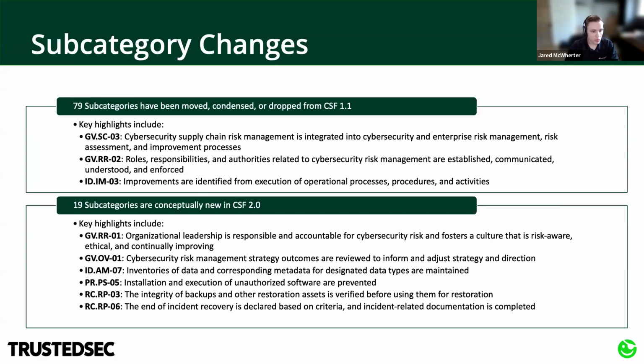Now, lastly, we have: the end of incident recovery is declared based on criteria, and incident-related documentation is completed. The 1.1 did always require documenting lessons learned during the incident response phase. However, it did not specify that the lessons learned needed to be created before the incident is declared closed. A lot of the time, organizations will do some brainstorming after the incident and write up those lessons learned.